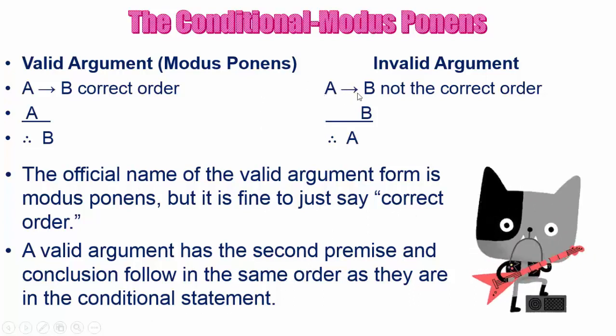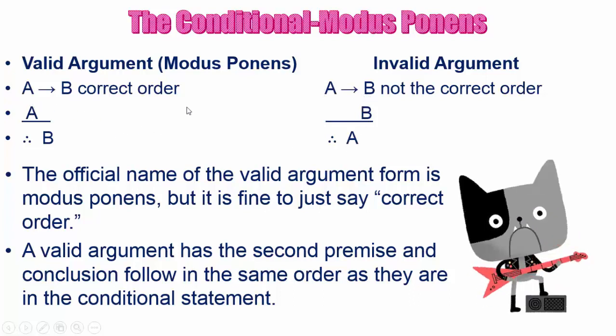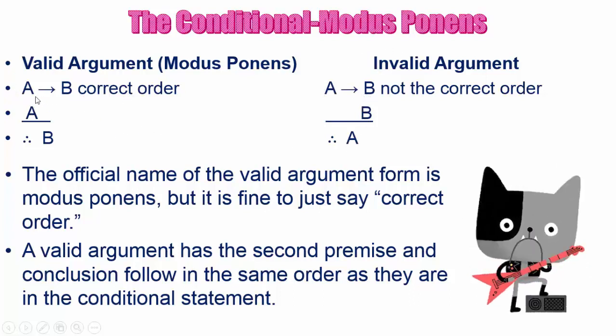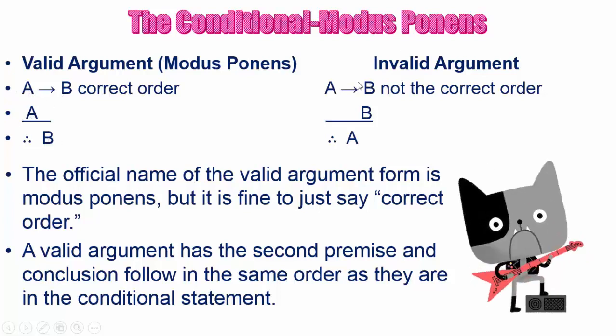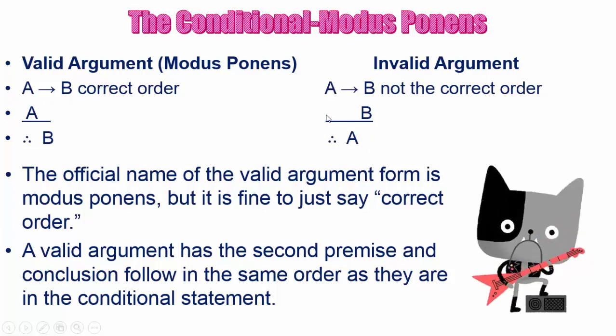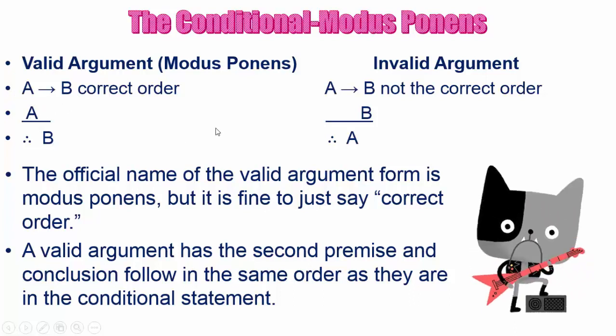So we have A to B, and then B to A. That's invalid. And then in a valid argument, we have A to B, then A, then B. So here, there's a reversal that is not good, and here we have A, B, that is good.